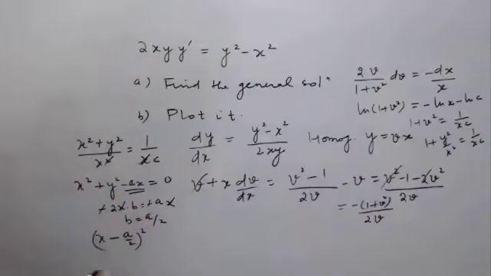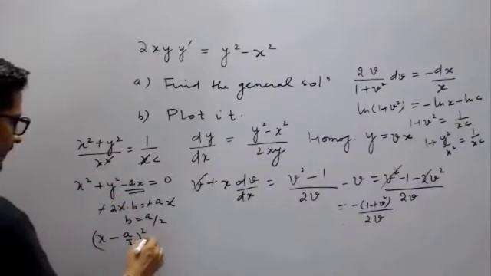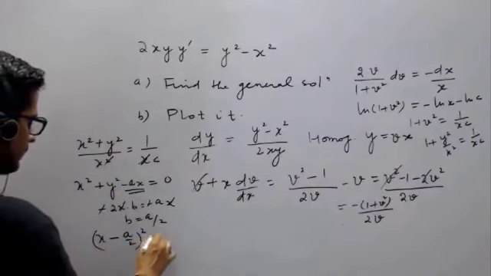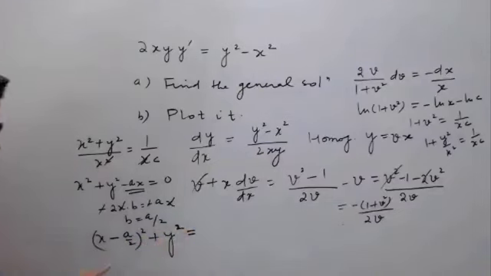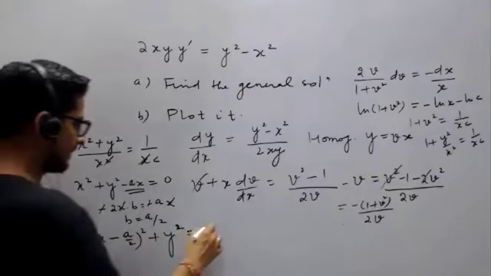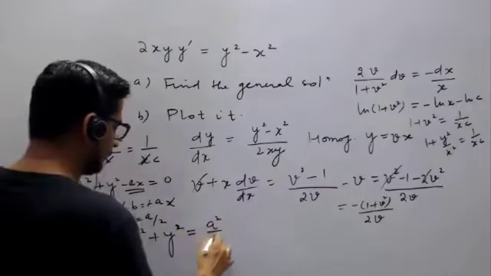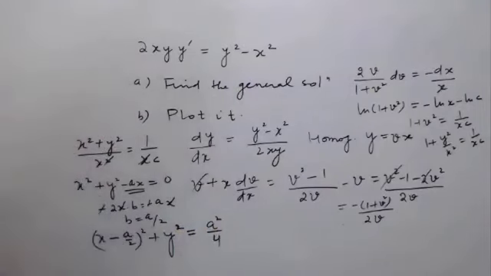Minus ax has been used, no? So it is in this, and plus y square is equal to, now see what is the extra, plus a square by 4 is extra, so a square by 4 will be on this side. Correct?